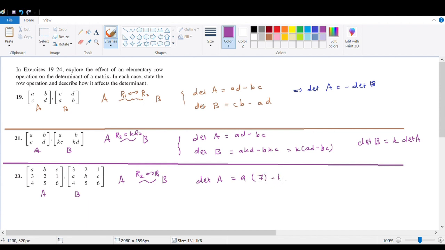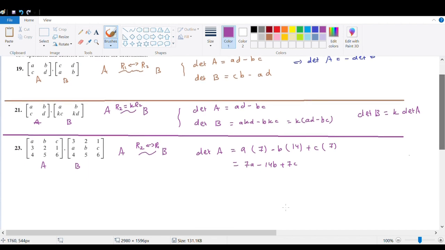Then minus b multiplied by, if we cross this one, 3 multiplied by 6, 18. 18 minus 4 will be 14. Then the last one, plus c multiplied by, we cross this one, 3 multiplied by 5, 15, minus 4 multiplied by 2 is 8, so this is 7.